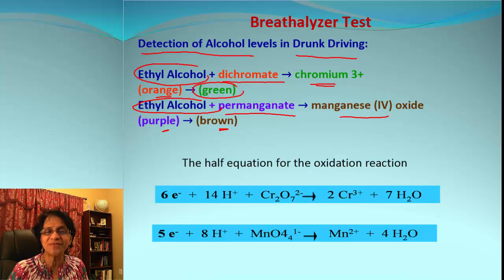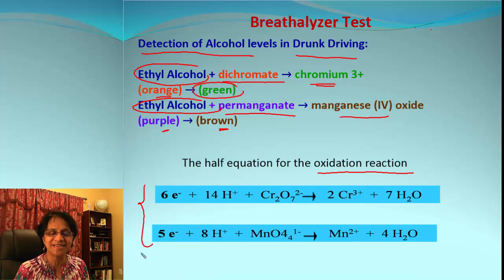So just by observing the color change, we can confirm if the person has consumed alcohol or not. But just to warn you, it's a qualitative test. But ultimately, these are oxidation reactions of alcohols and we can represent these redox reactions in this fashion.